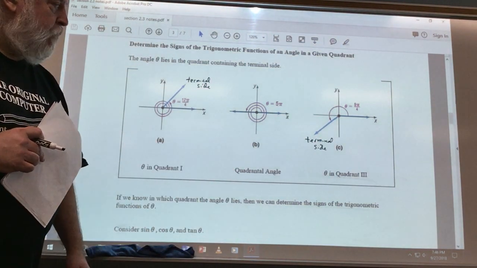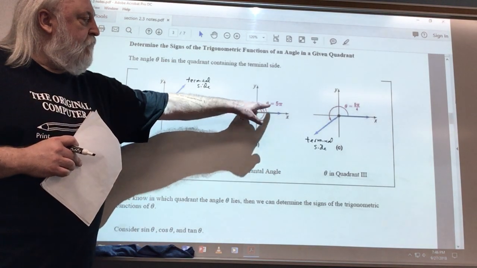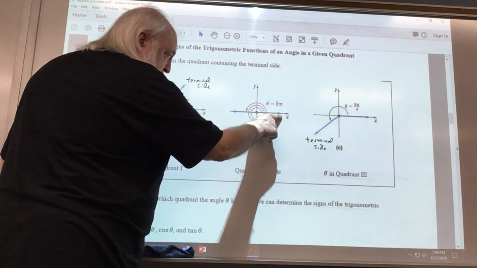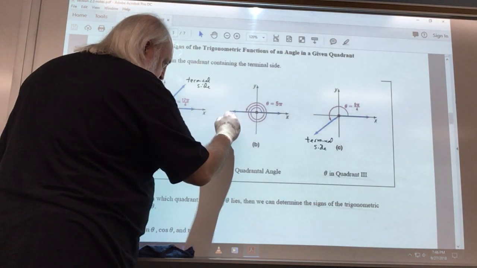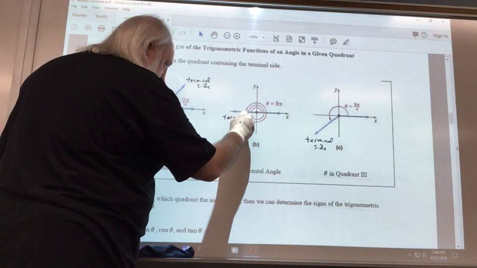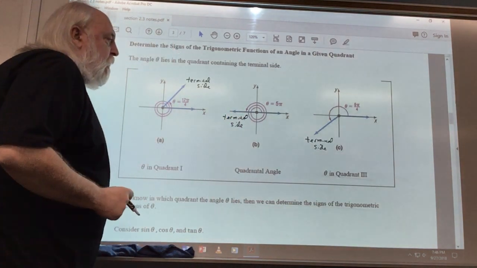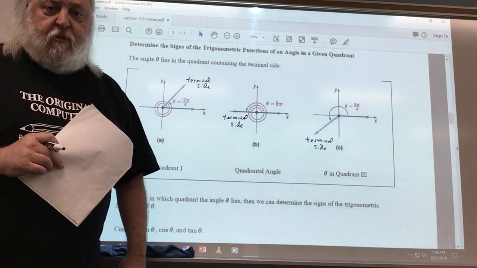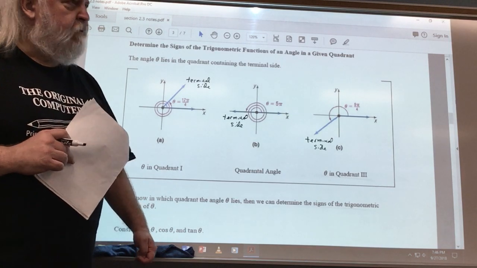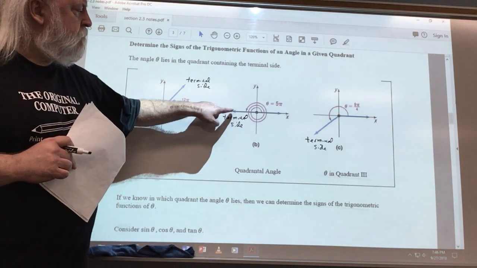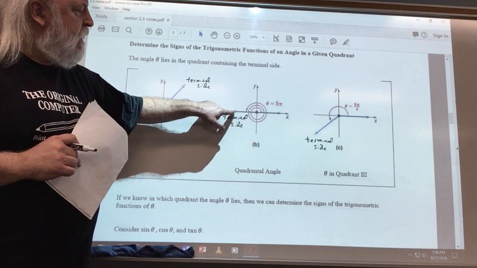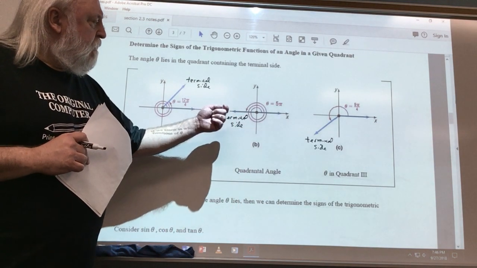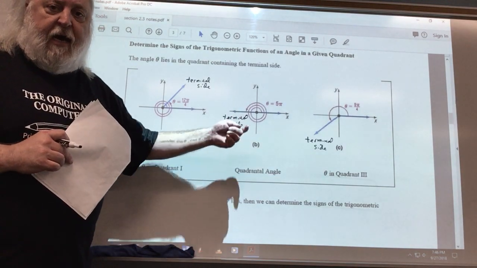In this middle example, we have the graph of theta equals 5 pi radians. So again, this is the initial side going to the right, and this is the terminal side going to the left. And we talked about this in our section 2.2 notes, I think. If the terminal side is on an axis, the x-axis or the y-axis, the angle doesn't lie in any quadrant.